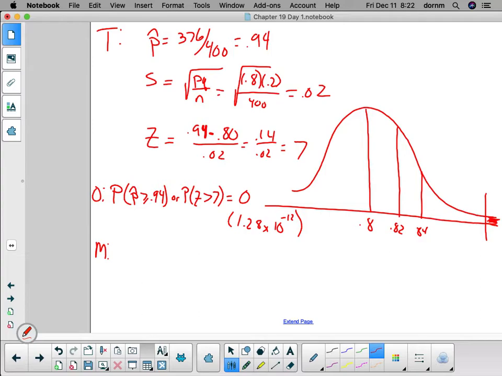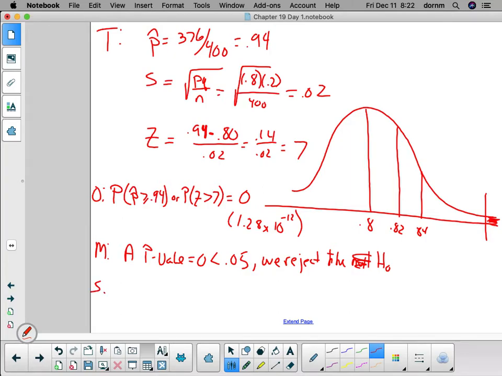Okay? And we will say a statement like this. At p-value equals 0 less than 0.05, which is my alpha, we reject the null. Or reject H naught, if you want to say that, that's okay.